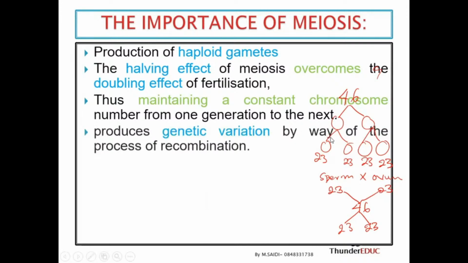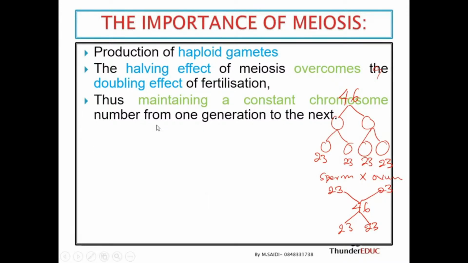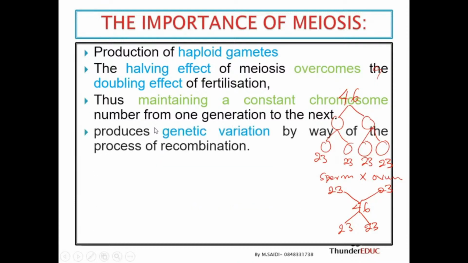Another thing is that it produces genetic variation. Remember in prophase 1, you have a process called crossing over. This crossing over helps in the exchange of genetic material.